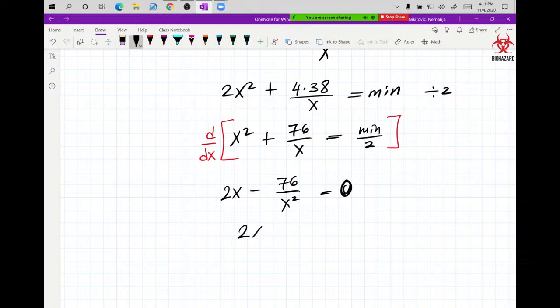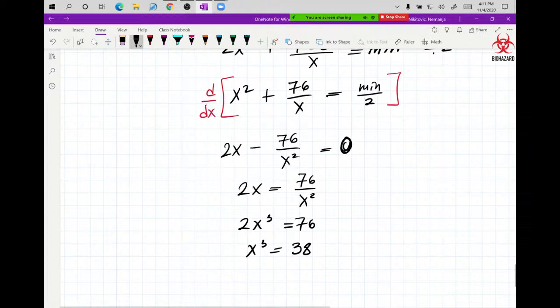So we have 2x equals 76 over x squared, 2x cubed equals 76, x cubed equals 76 divided by 2, which is 38, and now you take a cube root, so x equals the cube root of 38. Now if you really enjoy your decimals and you can't live without those, I will make you happy.